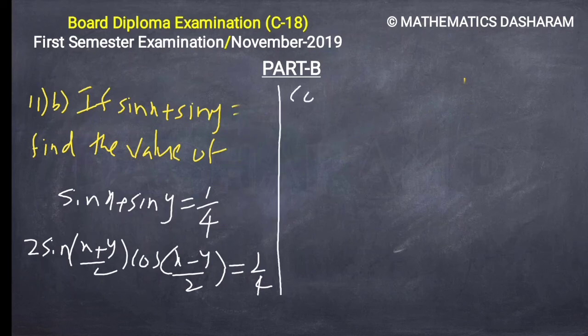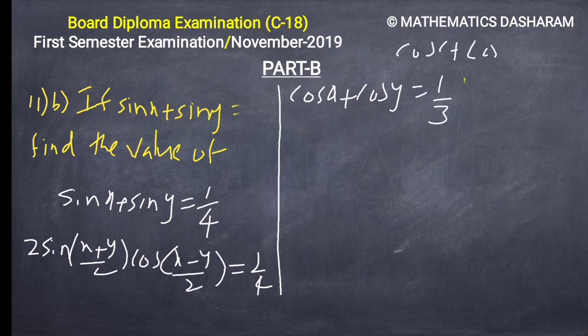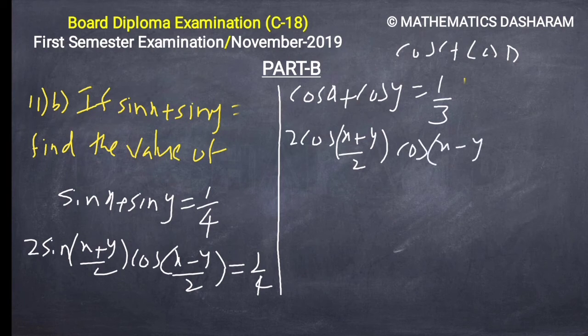Next, given that cos x plus cos y equals 1 by 3, here apply the cos C plus cos D formula. So that is 2 cos (x plus y) by 2 into cos (x minus y) by 2 equals 1 by 3.